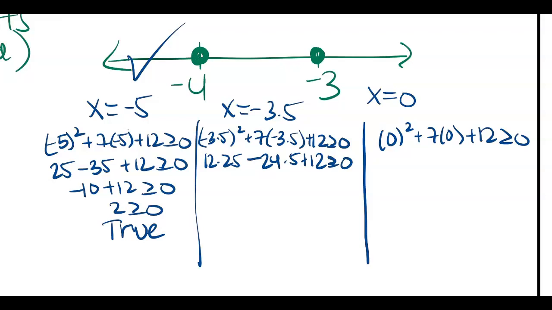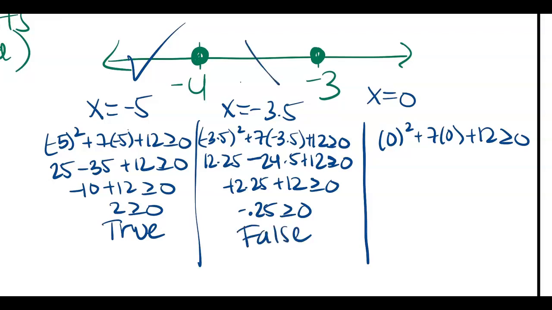Okay, so we're going to subtract 12.25 minus 24.5, which is negative 12.25, plus 12 is greater than or equal to 0. When you combine both of those, negative 12.25 plus 12 is negative 0.25. Negative 0.25 is greater than or equal to 0. All that work, and this is false. That's not going to work.